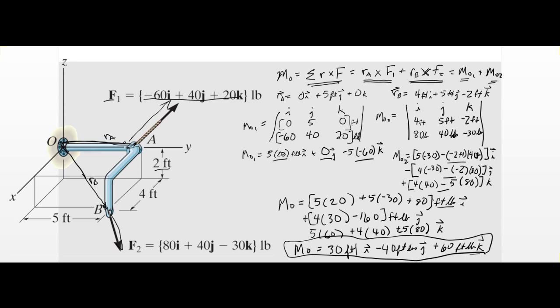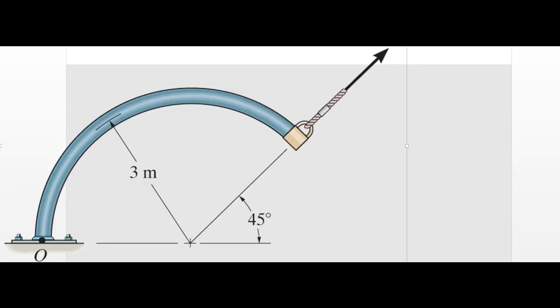So try to practice this one a few times. Usually a problem like this will be on my first exam. I really love this problem because it's so instructive for teaching how to solve for moments, how to calculate the externally applied forces to the moments at another point.